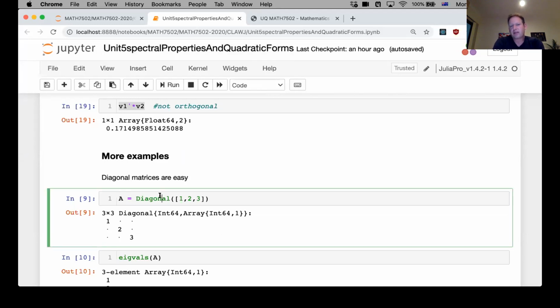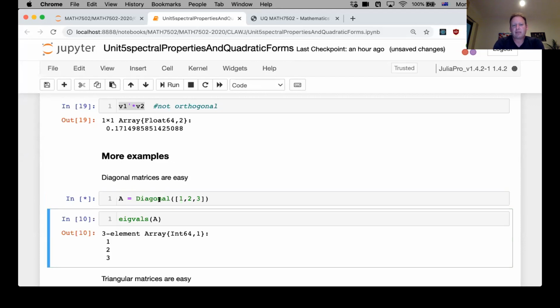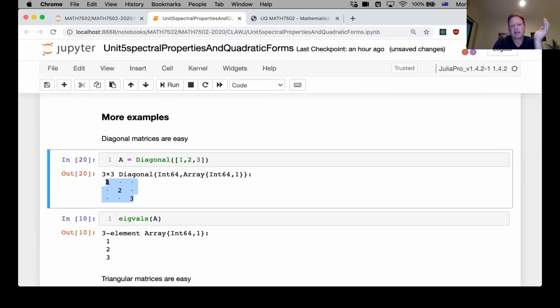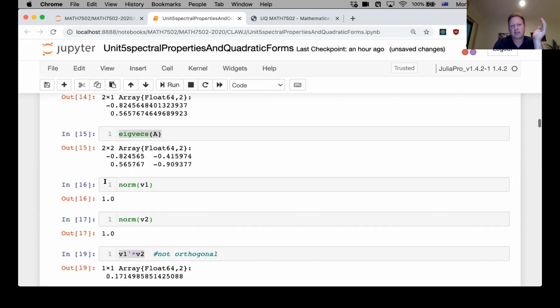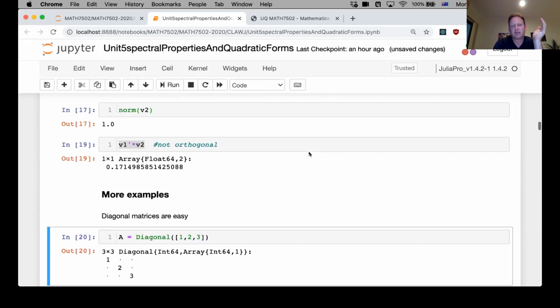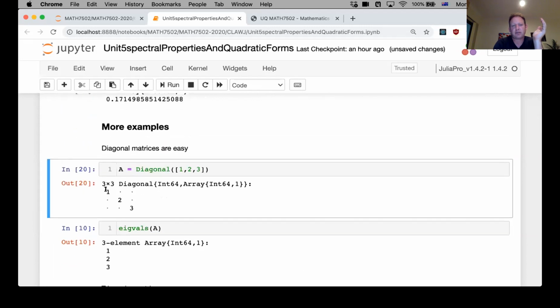And this is kind of related. If we have a diagonal matrix 1, 2, 3, so this is just a diagonal matrix, let's find the eigenvalues in our head. Let's do A minus lambda I in our head. Unfortunately, I can't easily draw on the screen, but you do 1 minus lambda times 2 minus lambda times 3 minus lambda.